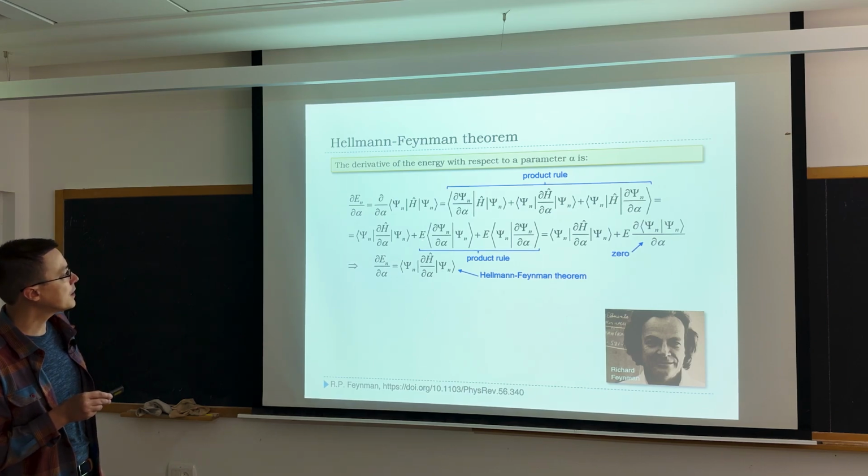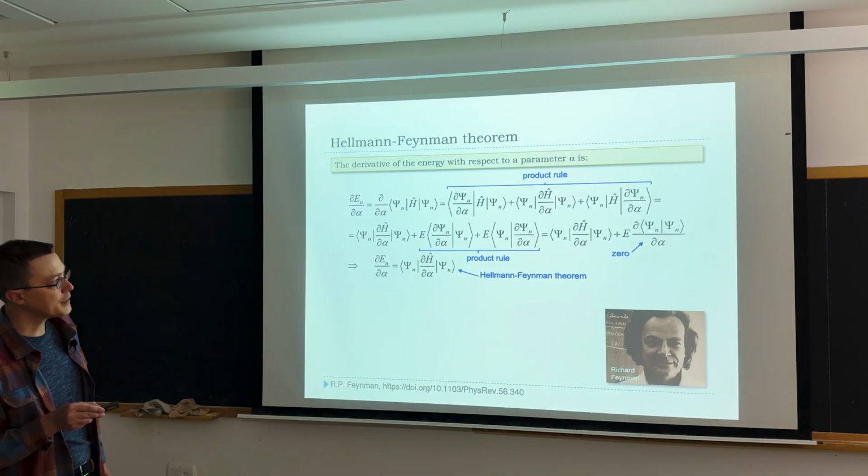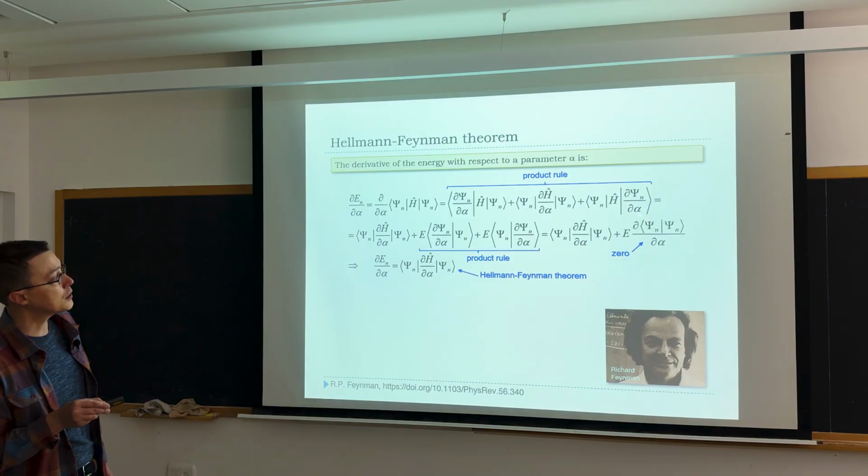So what we have is this energy here, and then the derivative of psi, and the energy there times psi, derivative of psi. But that's again a product rule. We can take the energy out of the bracket, and that's the derivative of psi. But that's just the normalization condition. This is equal to 1, a constant. The derivative of a constant is 0, so this term disappears. And we are only left with this.